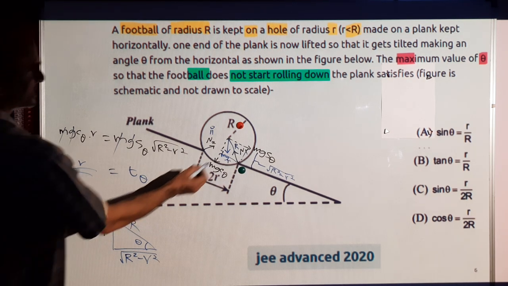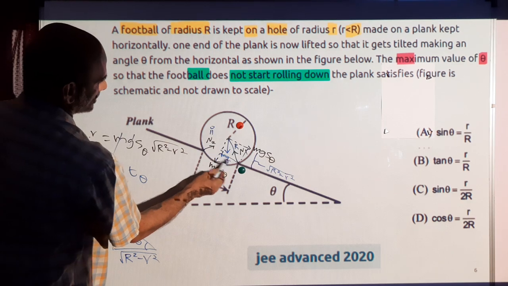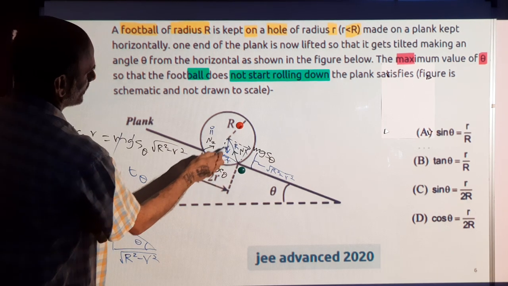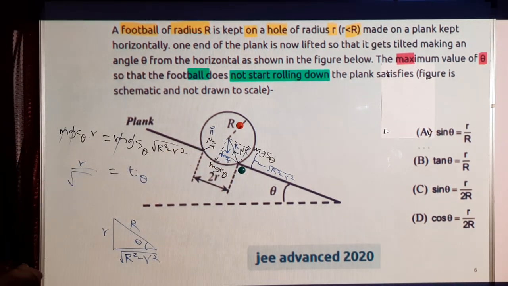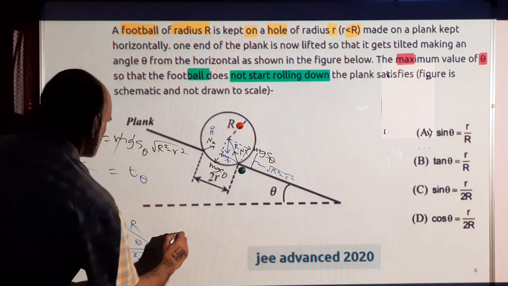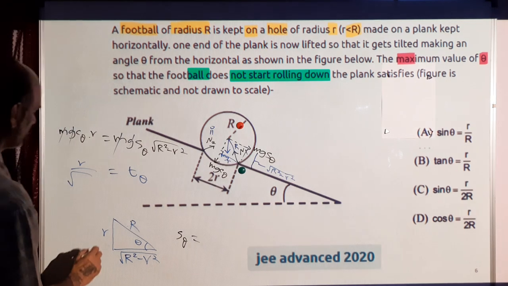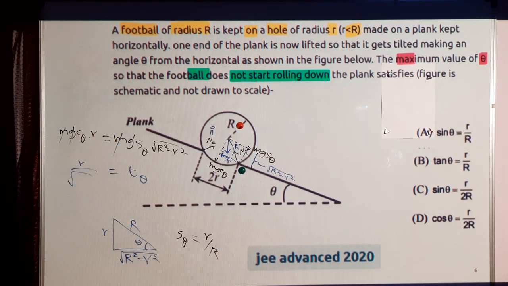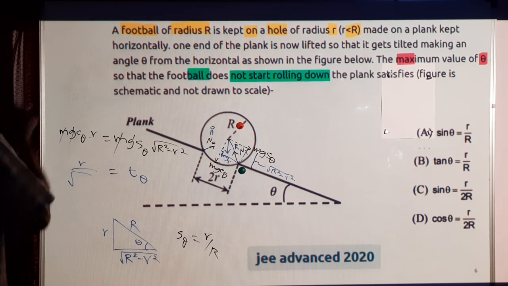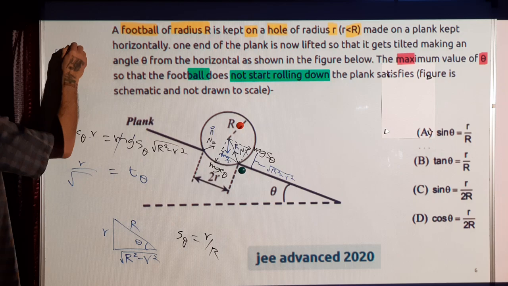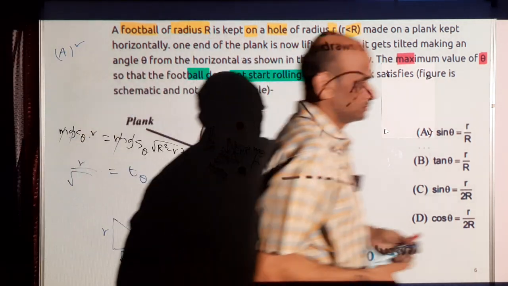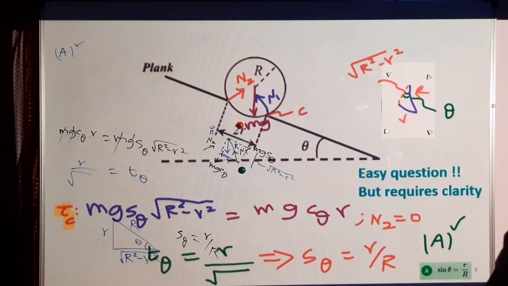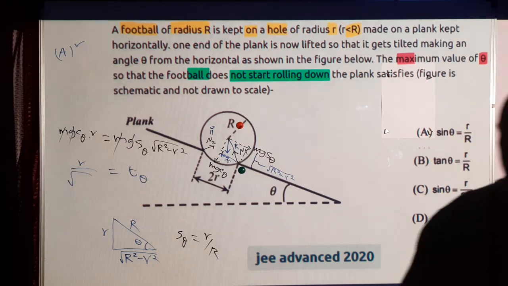This is the same triangle that's here: 90 degrees, one side is r, the other side is the square root, and the hypotenuse is capital R. So from this I'll get sin theta as r by R. So the first option, sin theta is r by R. The correct option is option A. A is the correct answer.